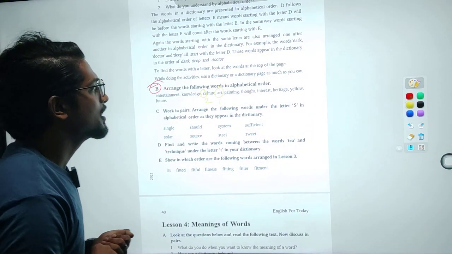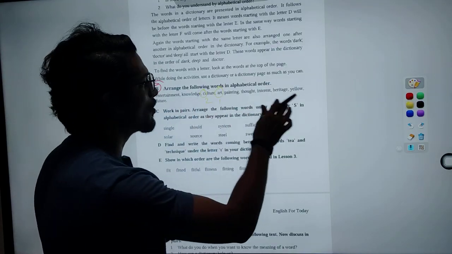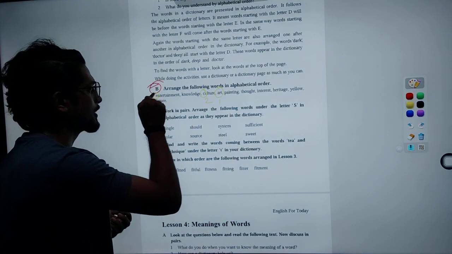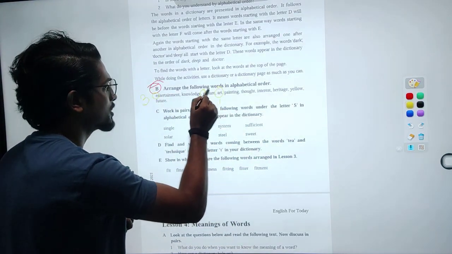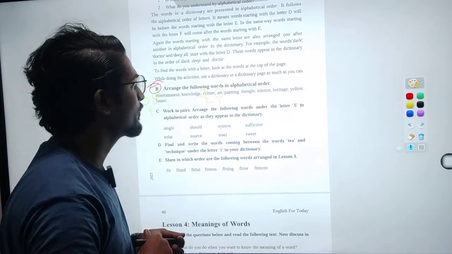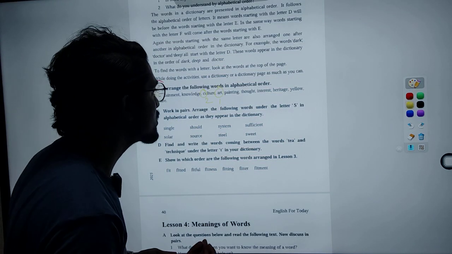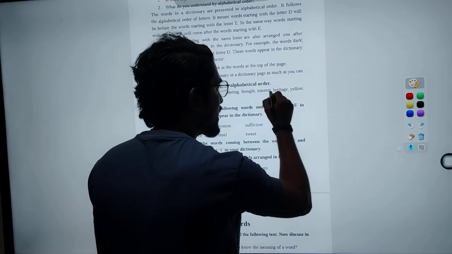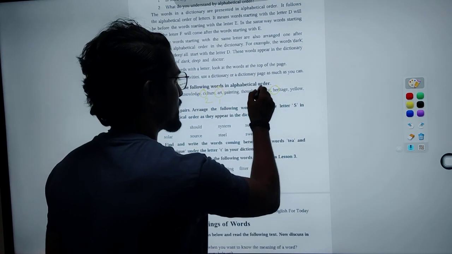Then we will find D. There is no D, but there is E, number 3. So art, culture, entertainment. Then F, future. Then we will find G. There is no G. Then H, heritage. Then interest.